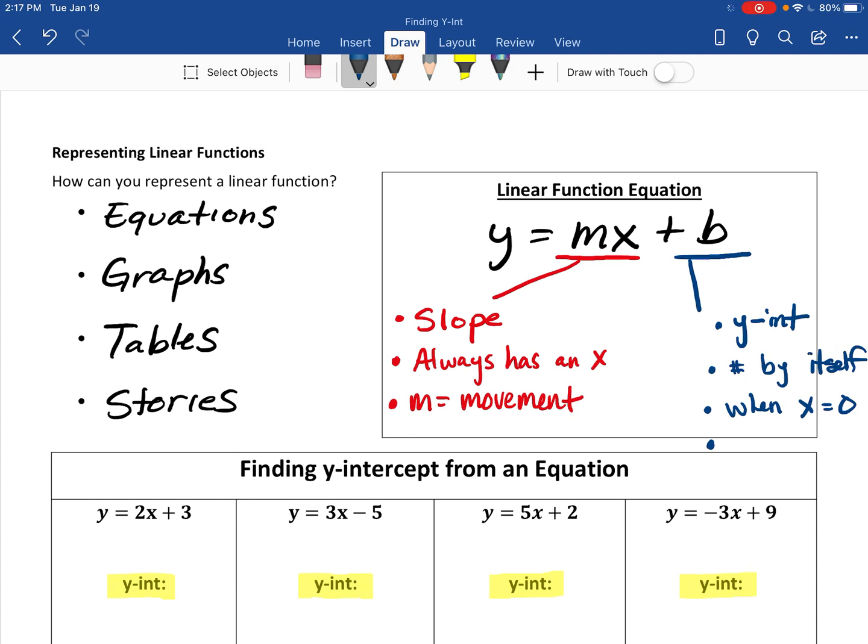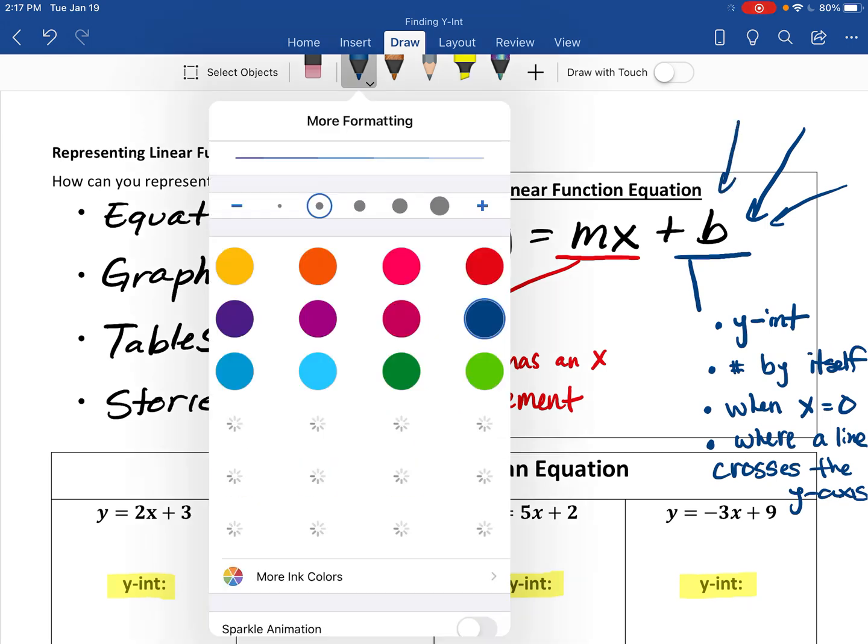And the last part is where a line crosses the y-axis. And we'll talk about that as we move on and look at graphs. So we have this information about the y-intercept and slope. Again, today we're just going to be focusing here on the y-intercept. Next week we'll talk about slope.